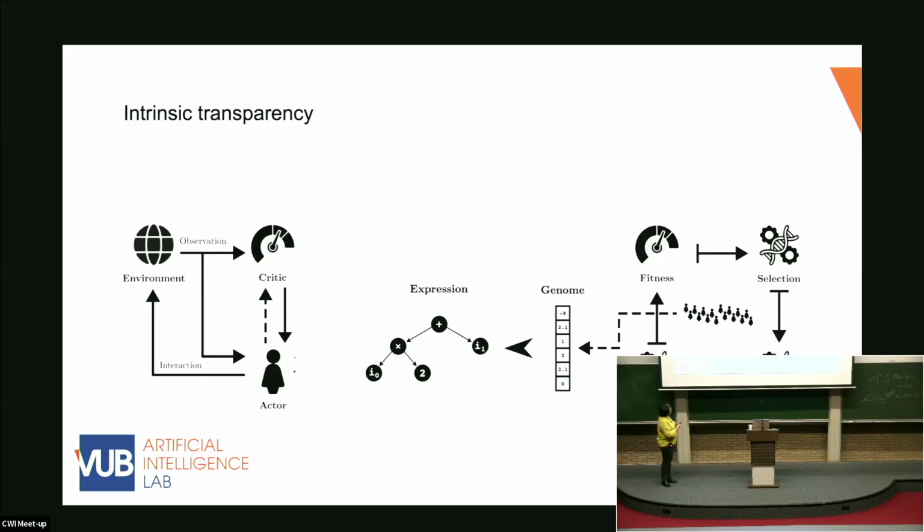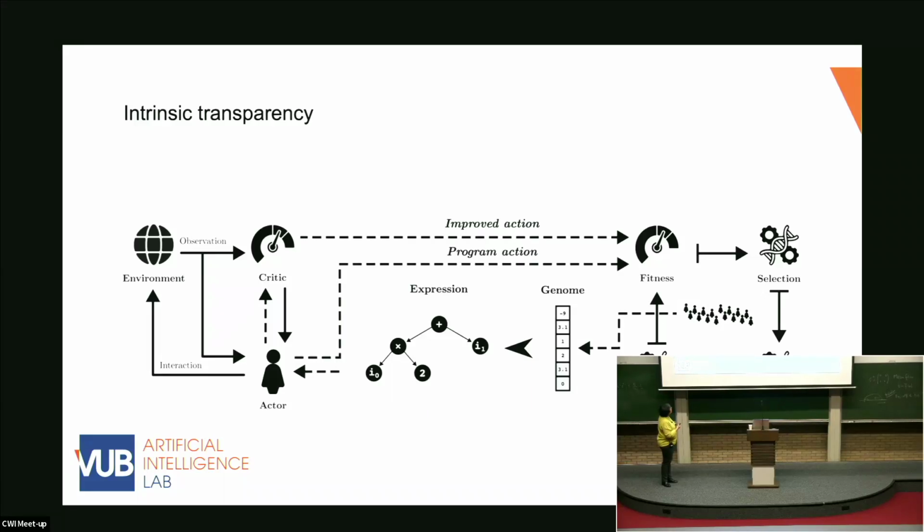To be fast on this, again, Senna can give you much more explanation. The idea is that we have an actor-critic approach. The critic can evaluate the control strategy, but the critic can also propose alternative actions for certain states. And this is how you can also improve your individuals.